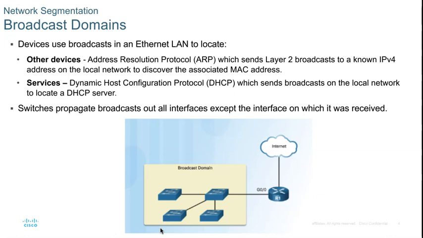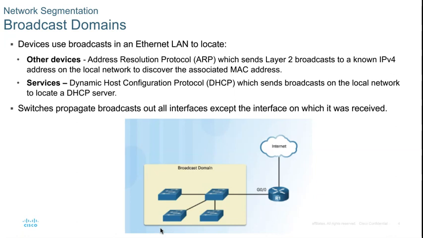When computers start in a network, they go through a process known as the DORA process, which is discover, offer, request, and acknowledge. In very simple terms, when you start a computer or a device, it goes into the network and says, hello guys, I'm new here.